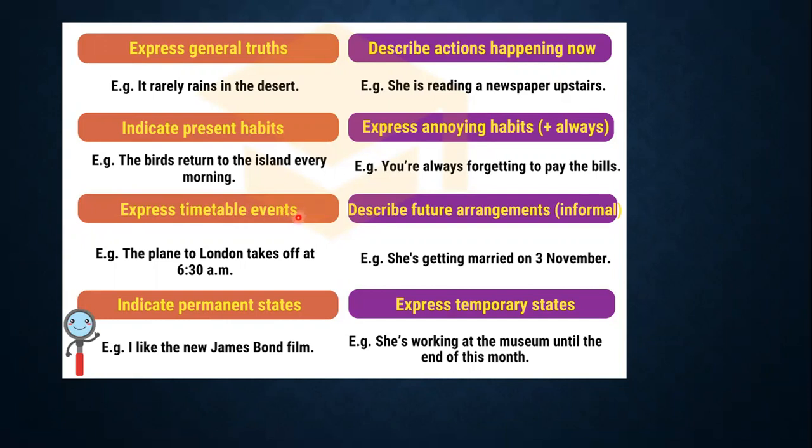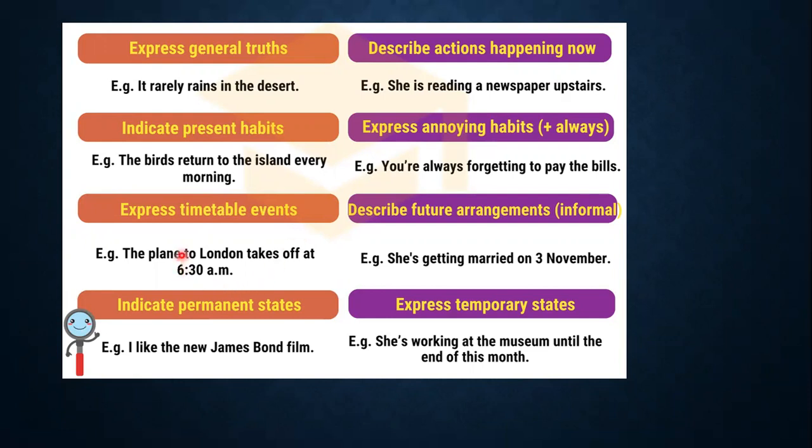Express timetable events. What is this? Que expresa datos que sabemos que van a suceder en el presente y que están siempre predeterminados a ser en tal momento. For example, the plane to London takes off at 6:30. Sabemos que el avión que va para Londres va a salir a las 6:30, sí o sí. Because why? What is the reason?